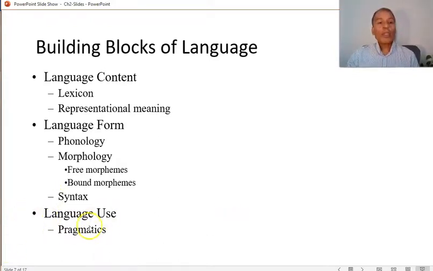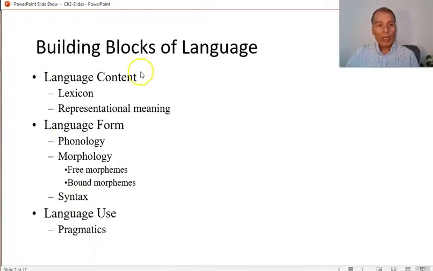Language use is pragmatics, social communication, and how you organize your messages best in order to make them focused and to convey your message to make it very effective. That is discourse and social communication.